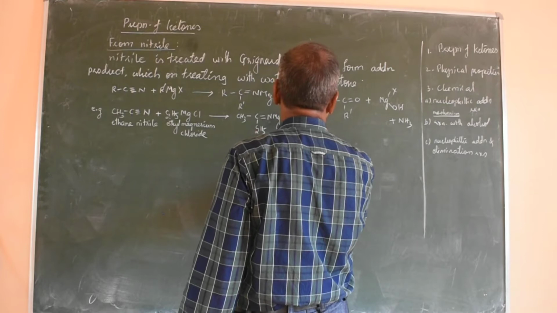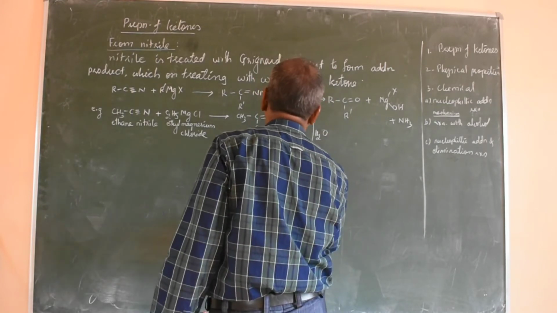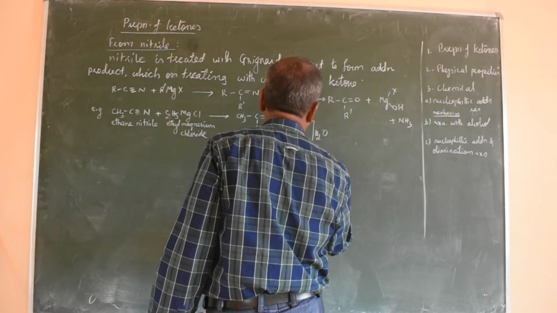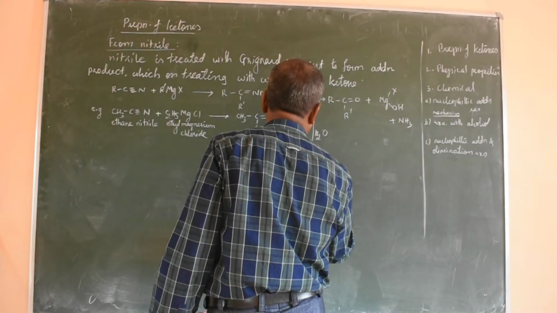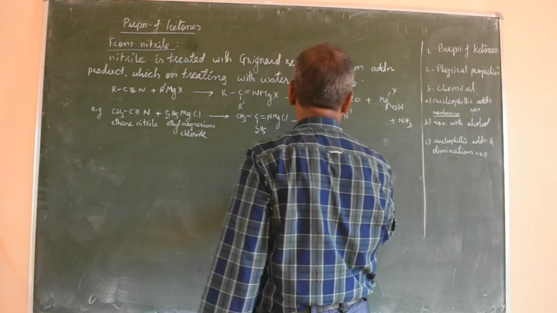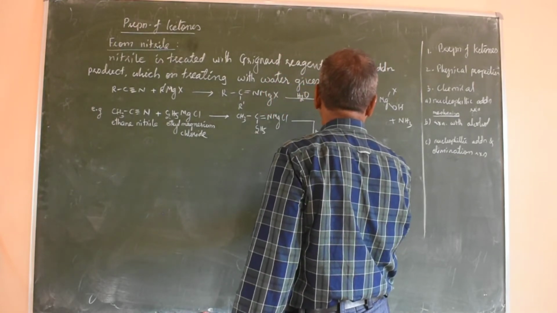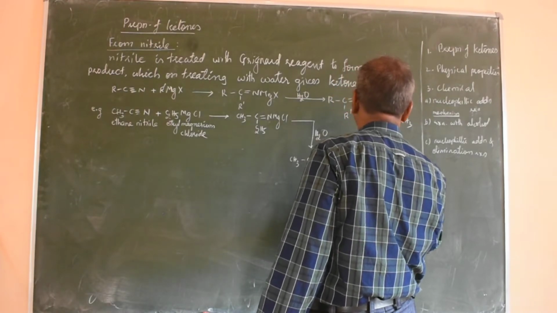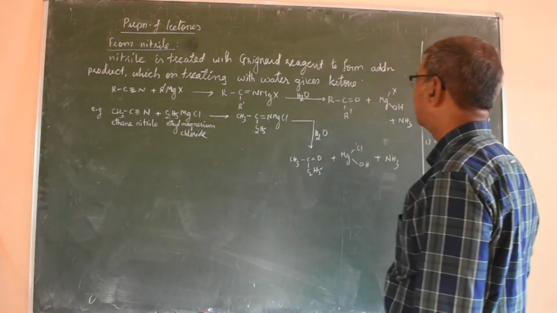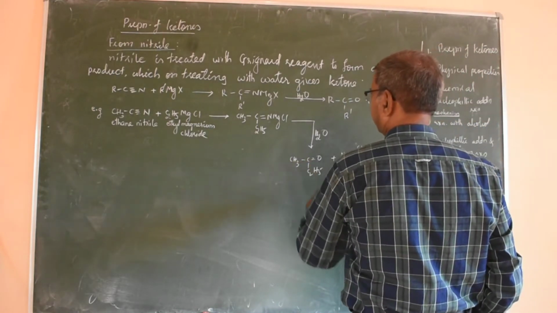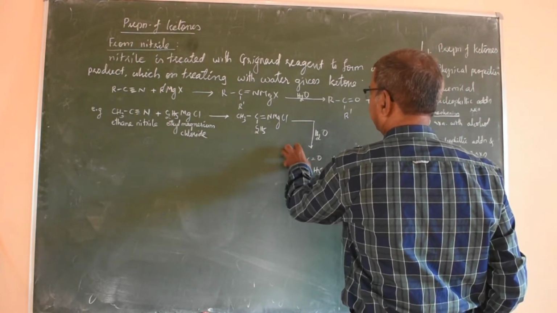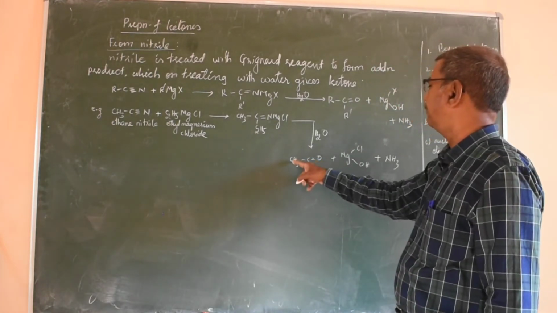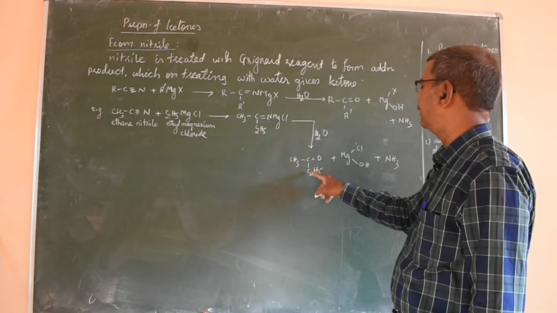we get CH3-C(=O)-C2H5, then MgCl-OH and NH3. The name of this product is ethyl methyl ketone, and the IUPAC name of this one: the total number of carbon atoms is 1, 2, 3, 4.